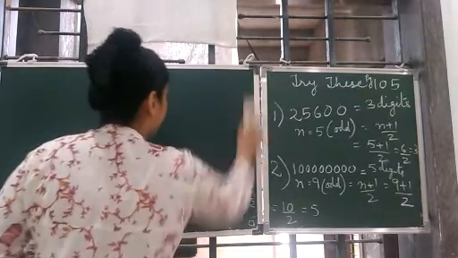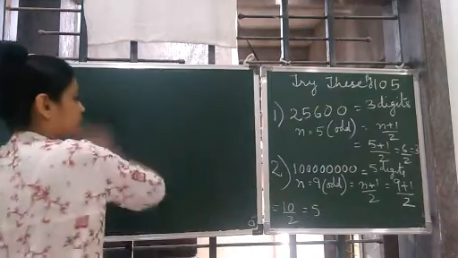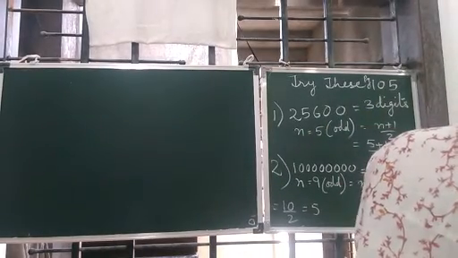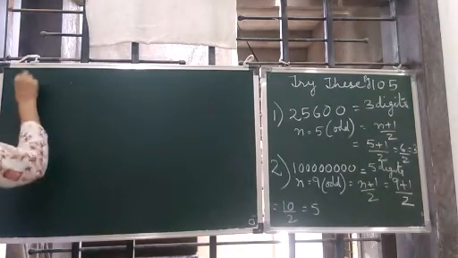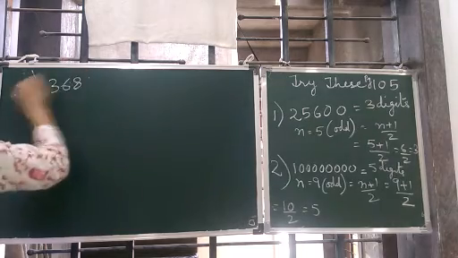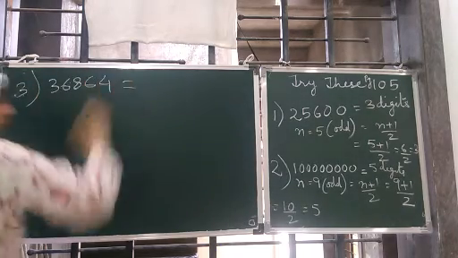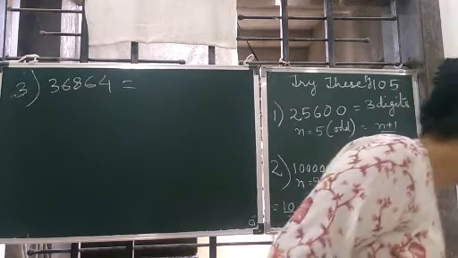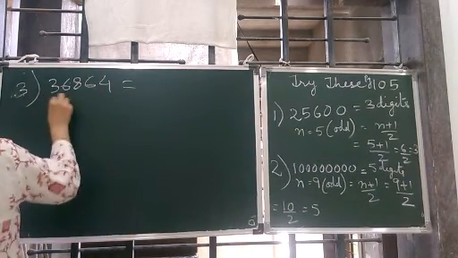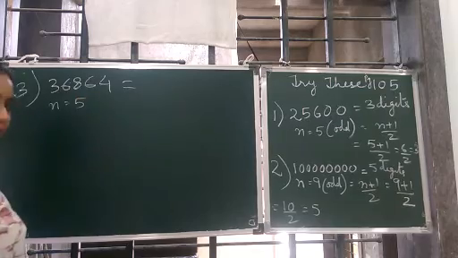The last one in this Try These: 3, 6, 8, 6, 4. Let me check once again. 3, 6, 8, 6, 4. Yes, 1, 2, 3, 4, 5. Here n is equal to what, children? 5 digits.